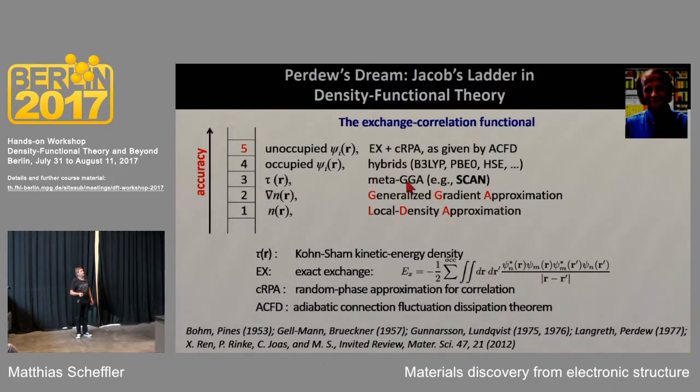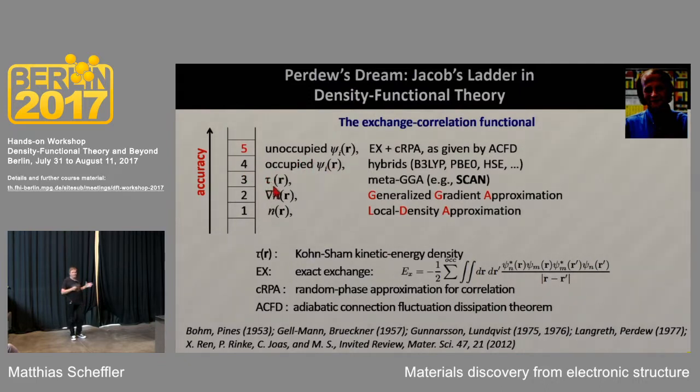Then there is the meta-GGA, where the most promising nowadays is called SCAN. Meta-GGA means it has the gradient of the density, and it also includes the second gradient, if you want, or the kinetic energy density. SCAN fulfills 17 of the known constraints, all constraints which a meta-GGA can fulfill. Still, there are severe limitations, and some constraints which it does not fulfill. But anyhow, this is somewhat the best on this level. Then, of course, it goes higher.